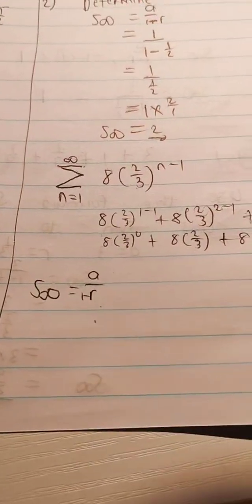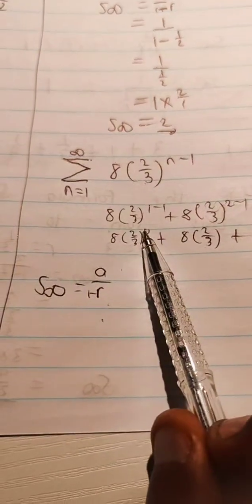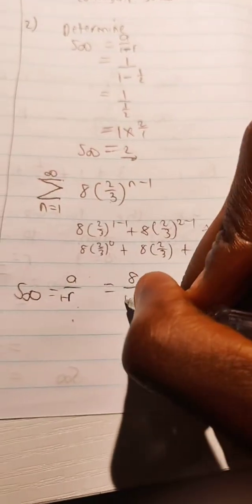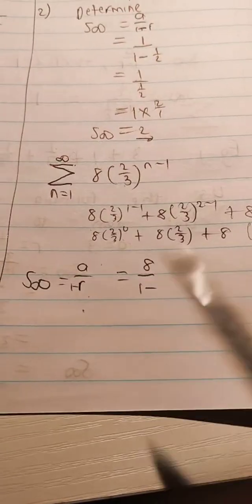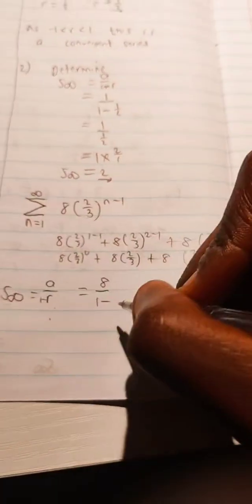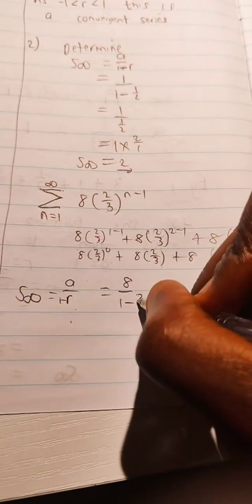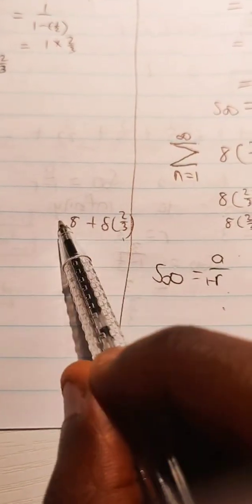Our a value is obviously going to be what? Here, (2/3) to the power 0 will leave us with 8. So that means our a value is 8. Then we use this to calculate the value of r. So we take the second term divided by the first term. That will give us a constant ratio of 2/3 if you do the maths. Because the first term is 8 and the second is 8(2/3), if we divide the second by the first, the 8 and the 8 will cancel.